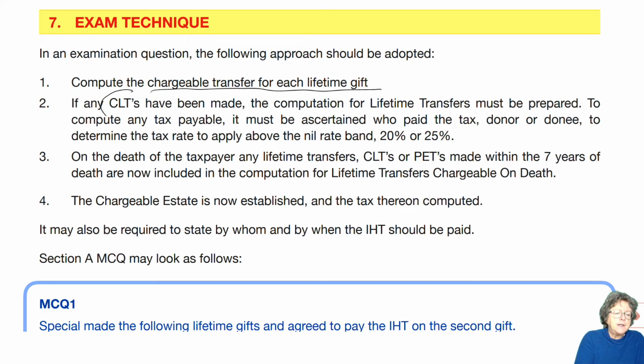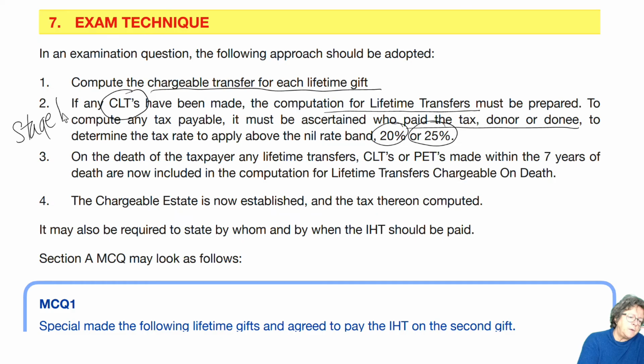If they are CLTs, then you must do a computation of lifetime transfer. Make sure that you have annual exemptions put both against PETs and CLTs, and any exemptions for marriage. Ascertain who's going to pay the tax, because that's obviously going to be 20 or 25%. On the death, let's just finish that off.